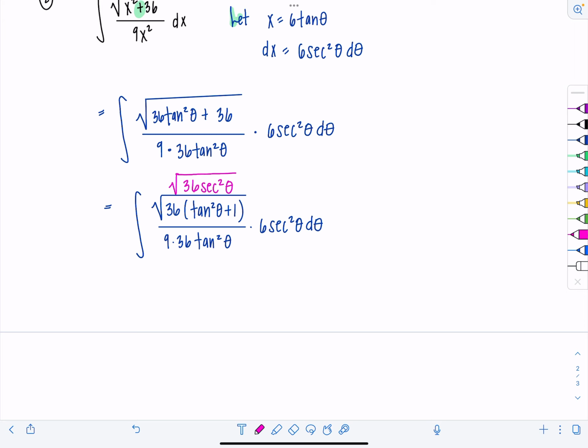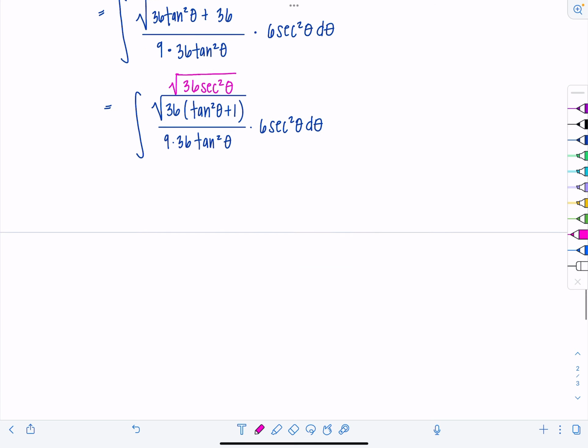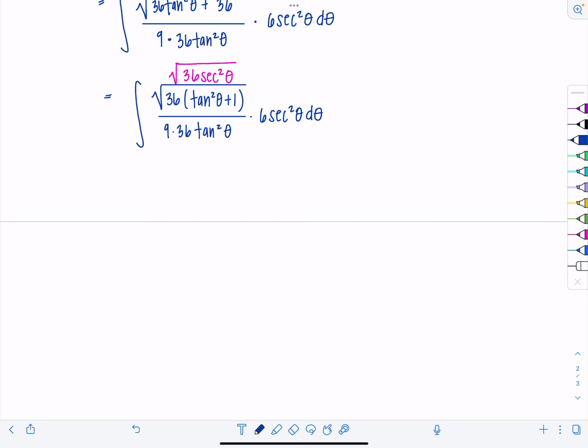And like I explained in the introductory video, if you watched it before this, remember technically this is 6 absolute value of secant theta, but because we restrict theta, we don't have to worry about keeping the absolute value. We keep theta only where secant's going to be positive. Okay, so what does that mean for us now? Well, we can replace the numerator with square root of 36, which is just 6 secant theta.